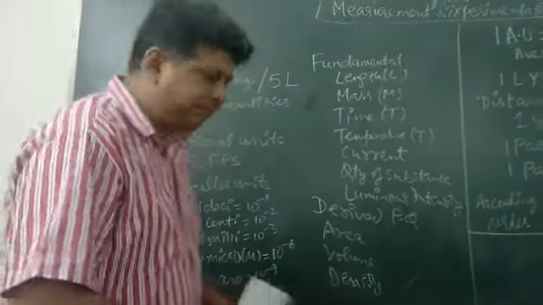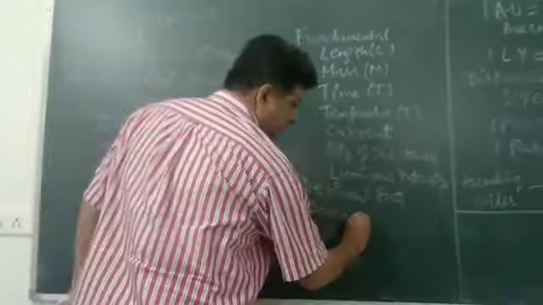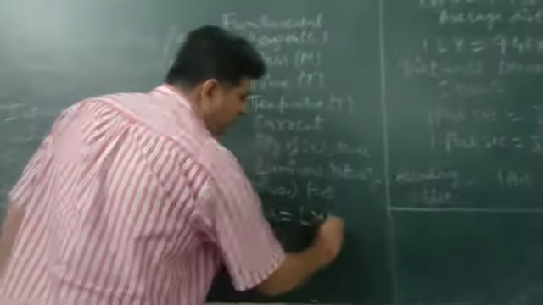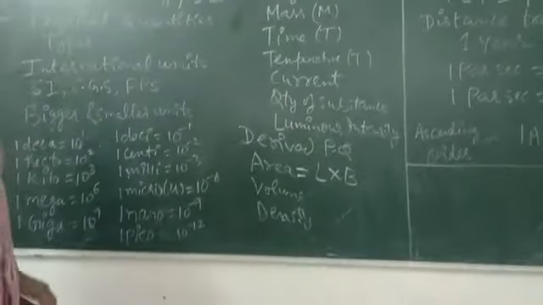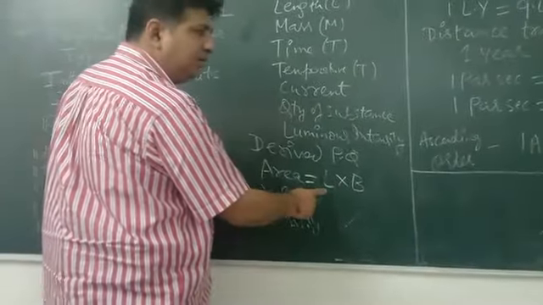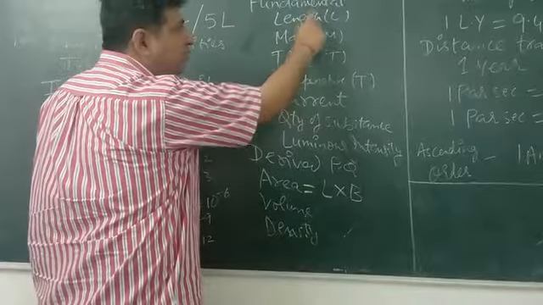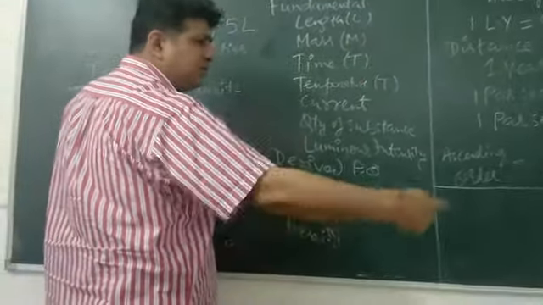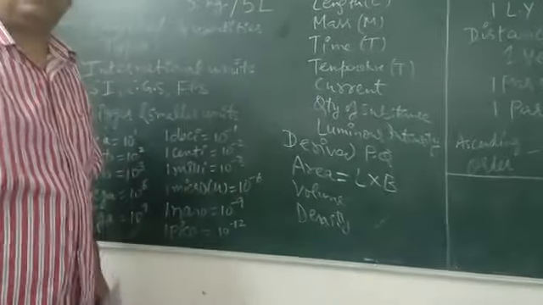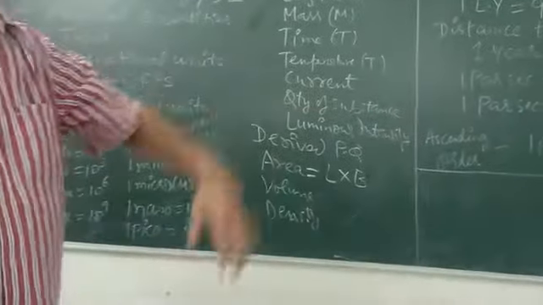Like area, we know the formula for area. If we have a rectangular shape, it is length into breadth. In physics, length is again a fundamental quantity. Breadth in physics is also length because it's a distance. It's a length actually that we are measuring.